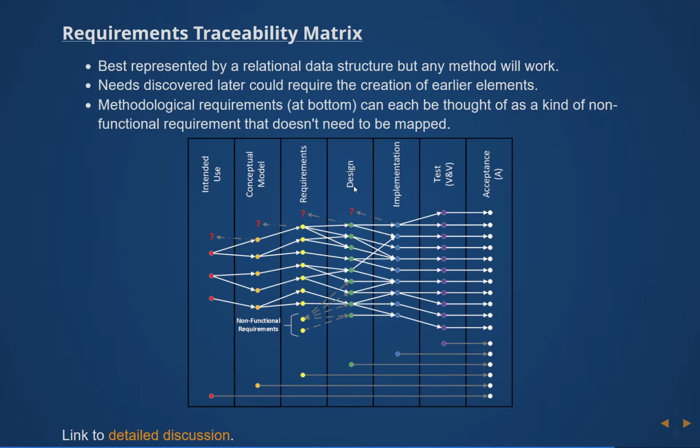Once you come up with a design, then you have to implement all elements of the design. The test can be as complicated and multi-stage as you want, and then the results of every test can be accepted or not. Down here, you may have methodological requirements for each phase.